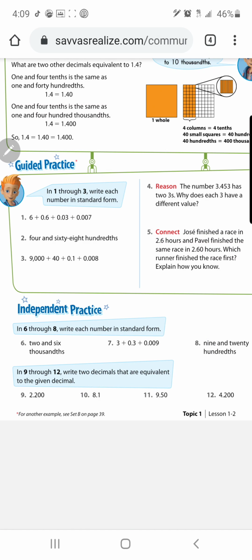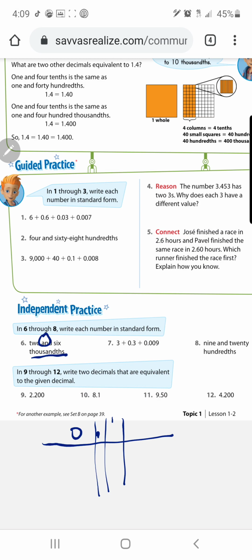It says 6 through 8. Write each number in standard form. It says 2 and 6 thousandths. I suggest that you use a place value chart for that real quick. You can see on mine, since it says "and," that means that is separating your whole numbers from your decimals. The 2 belongs in the ones place, and the last place mentioned in that word form is thousandths.